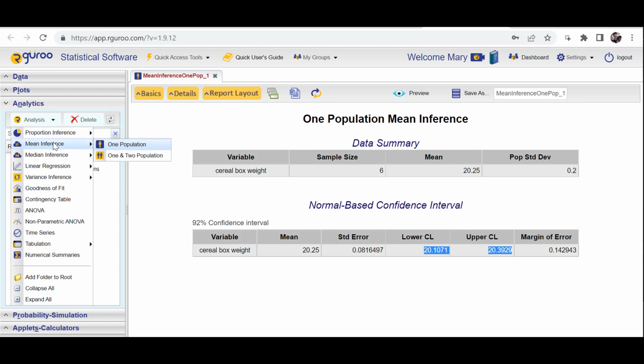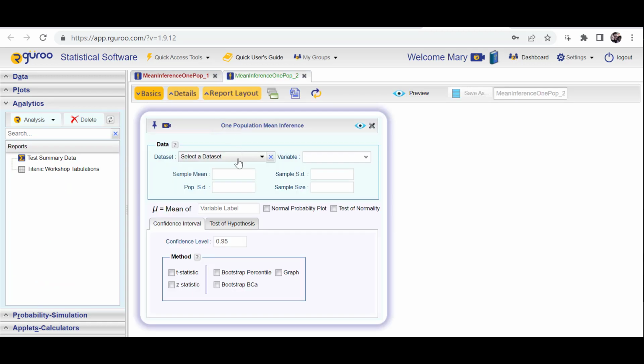Proportion inference is above it, so Mean Inference, one population. A box will pop up. We know the sample mean is 12.98, and we know the population standard deviation is 3, and we know the sample size is 100.